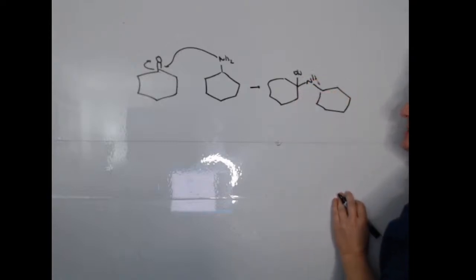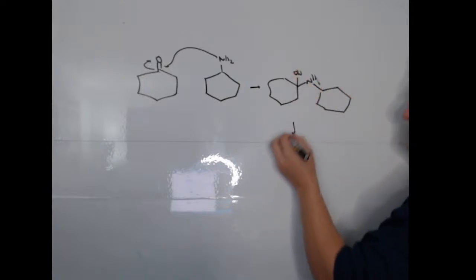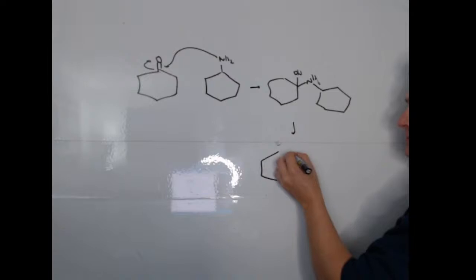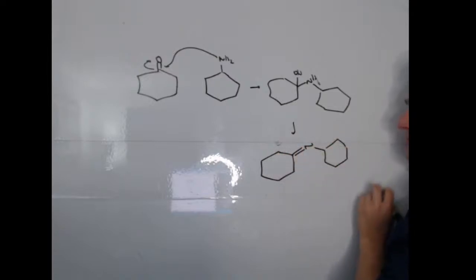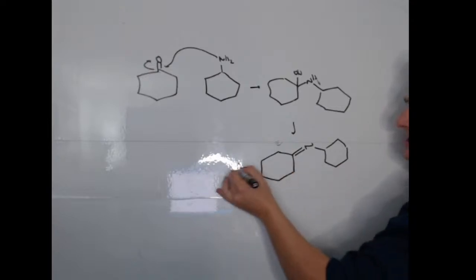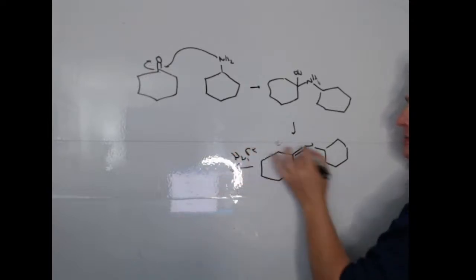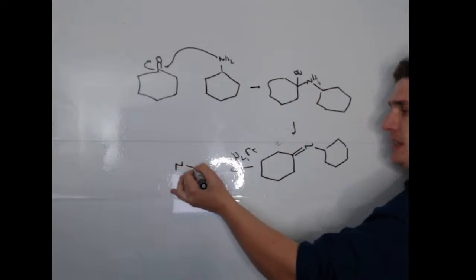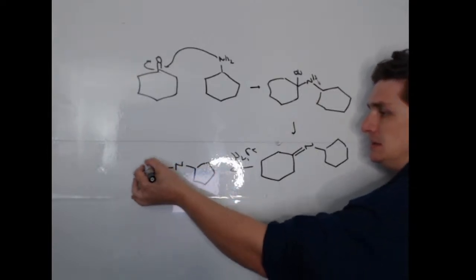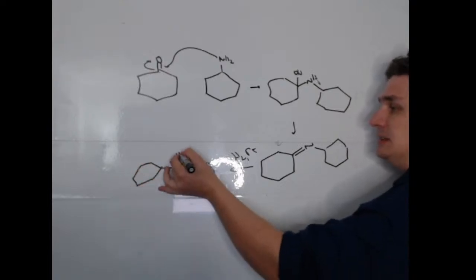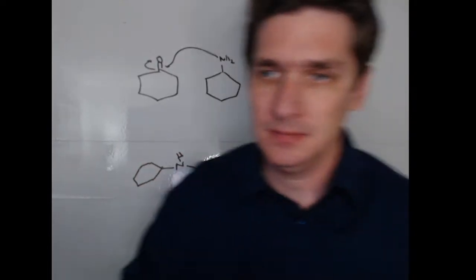As a second step, because we have a hydrogen available here on the nitrogen, we'll get elimination. And on addition of H2/Pt, we'll reduce this double bond, and we will get dicyclohexylamine. That's my guess.